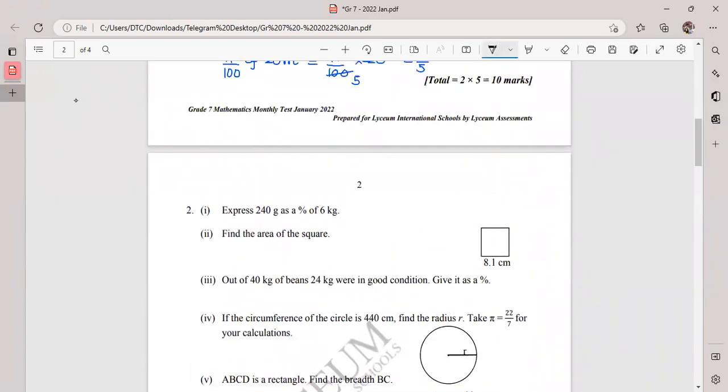So then here, 240 grams, right? 240 grams. First of all, I will have my working column because there can be so many workings here. We have 10 sub questions.